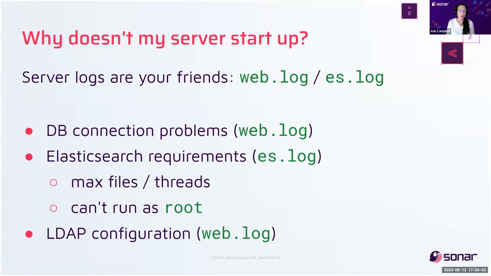And so that's another reason your server might not start up, is that Elasticsearch requirements aren't met. And if that's the case, you're going to find that in es.log. Another thing you might see in es.log is that Elasticsearch simply will not run as root. So if you're trying to start SonarQube as either root or a user with root type permissions, Elasticsearch will refuse to start, and you'll see that in es.log.